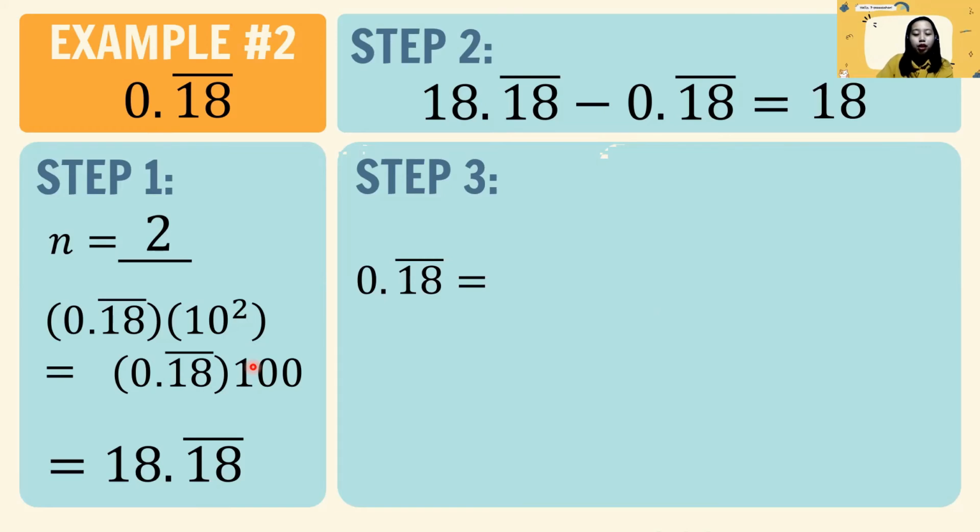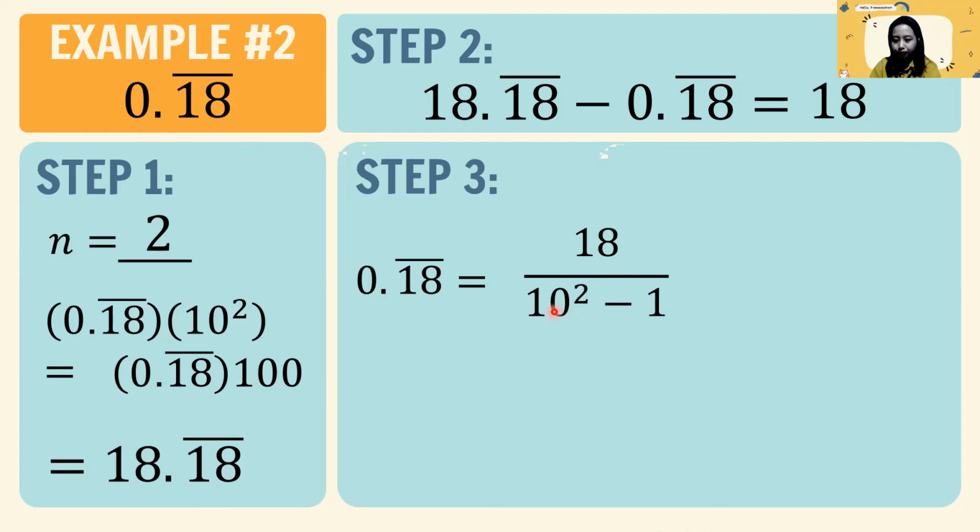So in step 3, the given decimal is equal to the fraction whose numerator is the result of step 2, which is 18, and the denominator is 10 raised to n minus 1. So it will be 10 raised to 2 minus 1.